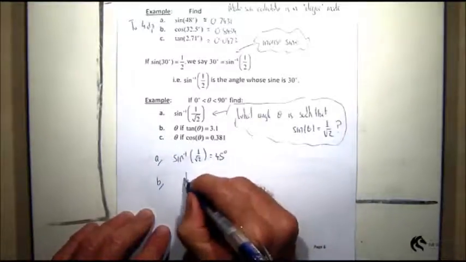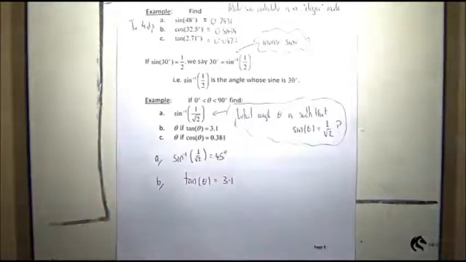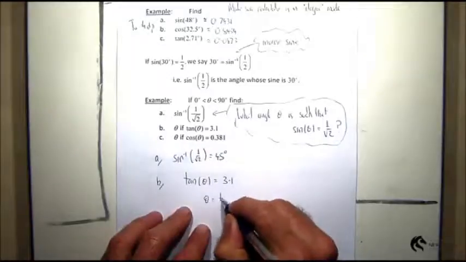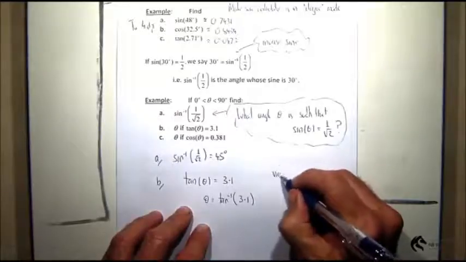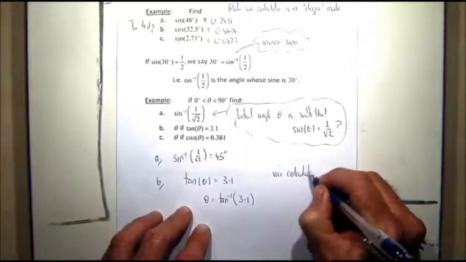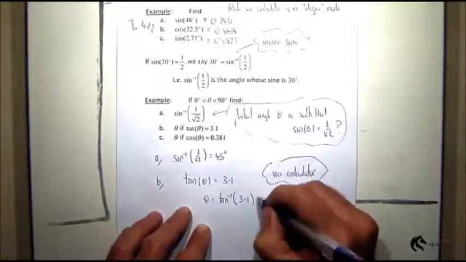So in part B, tan of theta is 3.1. I go over to my box here, have a look at the tans, and of course there's nothing there that says 3.1, so I can't do it off the box. In this case I actually have to use my calculator, I've got no other choice. And so this says, therefore, theta is equal to tan inverse 3.1, and via the calculator I should get something, and I'll say it's approximate.